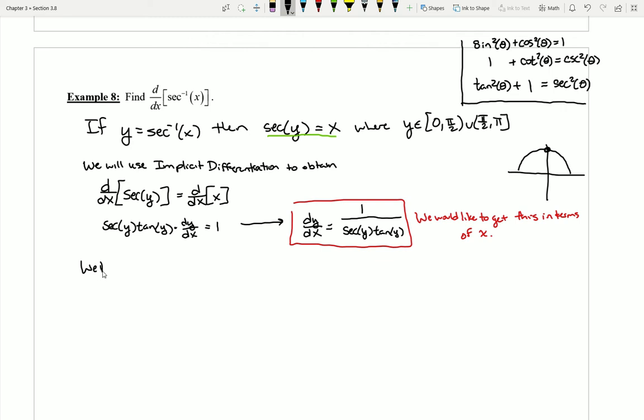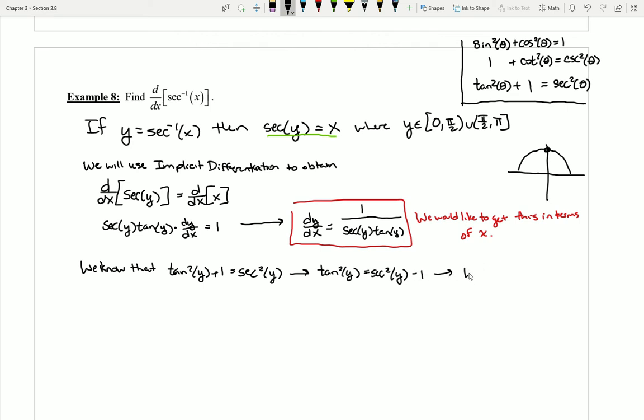So I'll say that we know that the tangent squared of y plus 1 is equal to the secant squared of y. Of course, I could rewrite this to say that the tangent squared of y is equal to the secant squared of y minus 1.